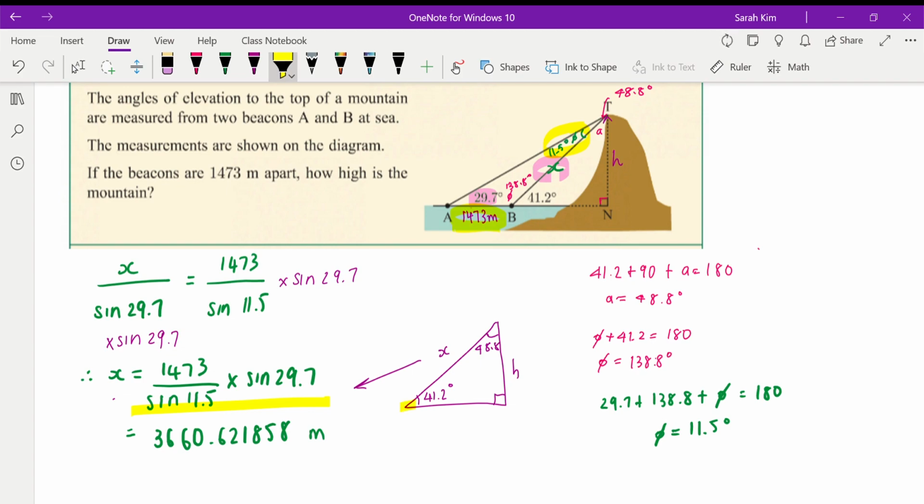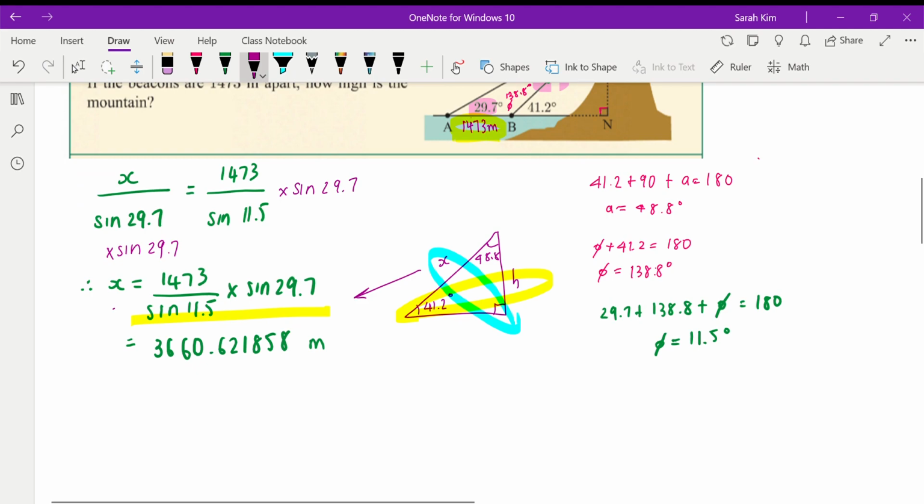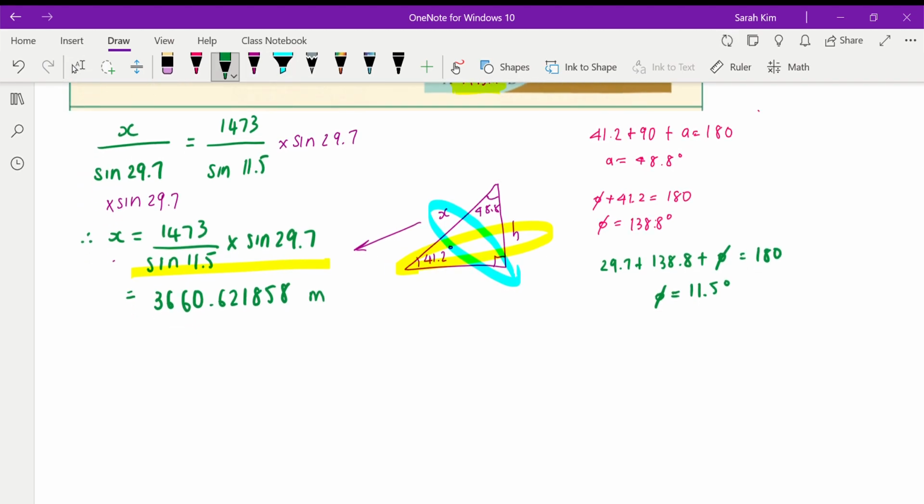So we need to use this information, and we can use this information as well. The blue one will be my complete pair, yellow one will be my half pair. So I'll start using my half pair first. So use my h because that's what I want to find. Sine 41.2, and my length is going to be x.